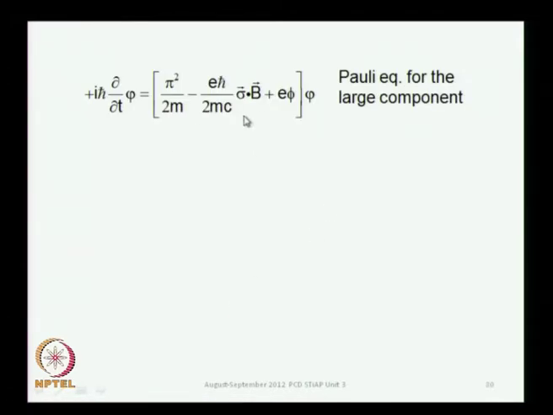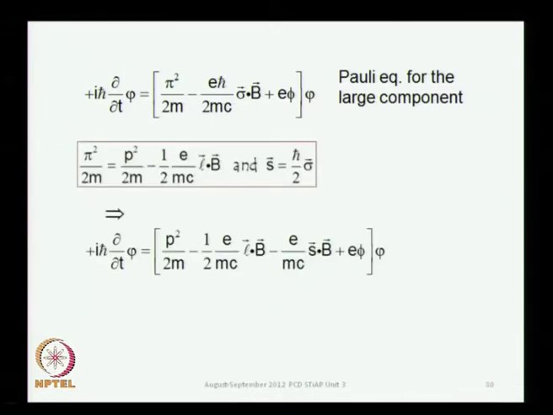This is the Pauli equation for the large component, this is the e over twice mc, and now I would like to remind you that the spin angular momentum is h cross over 2 times the Pauli spin vector sigma, right.